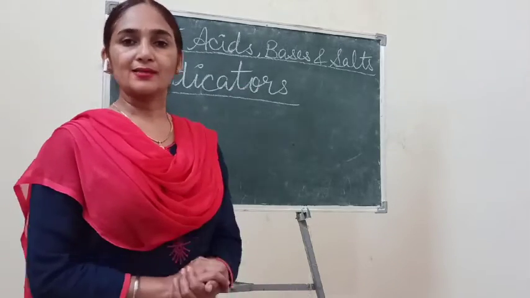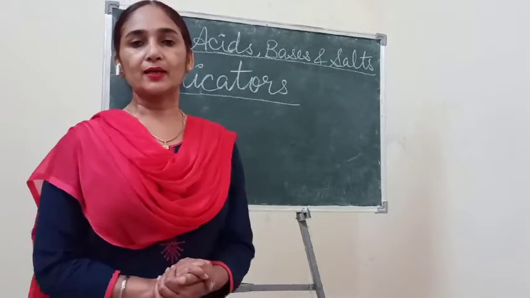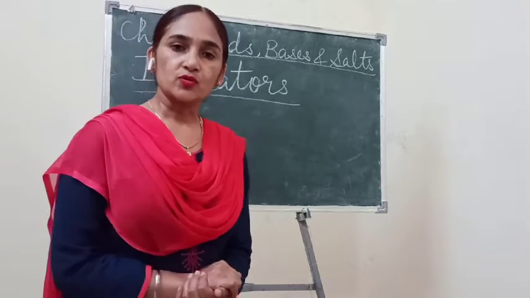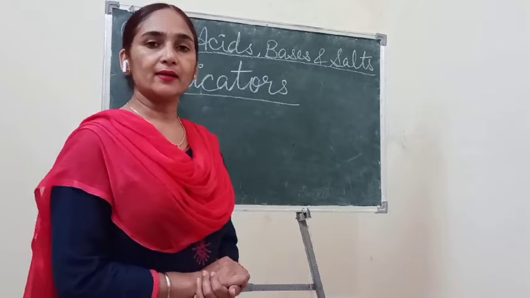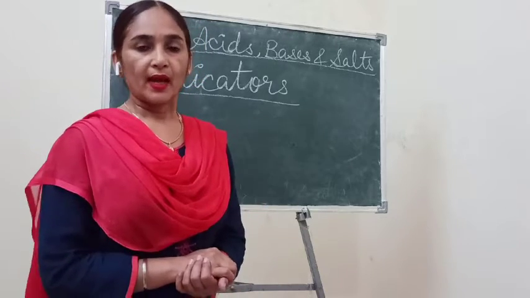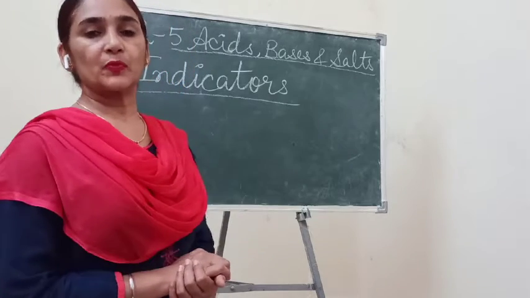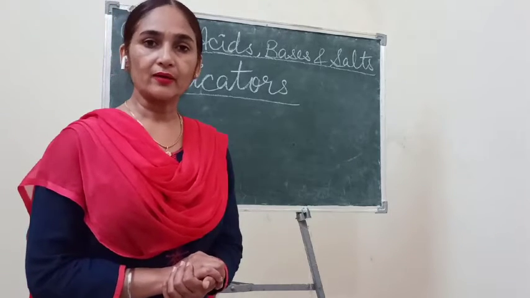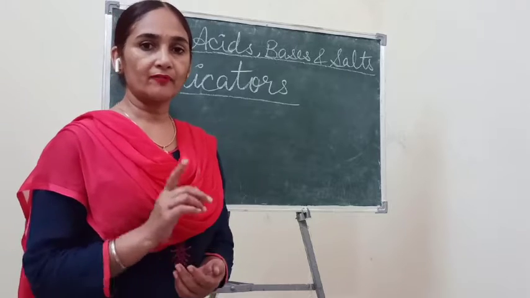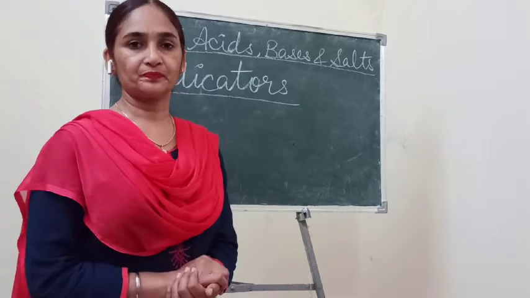Children, last time I told you that indicators are mainly of two kinds. First are the natural indicators, and second are the artificial, or synthetic, indicators. Natural indicators include turmeric, and I gave you one activity also.